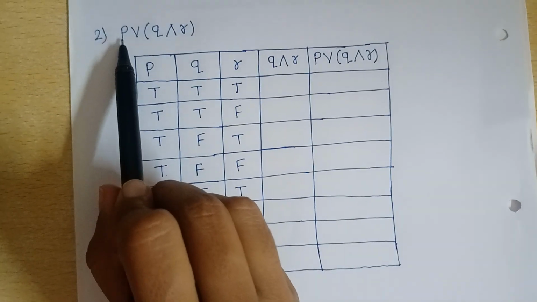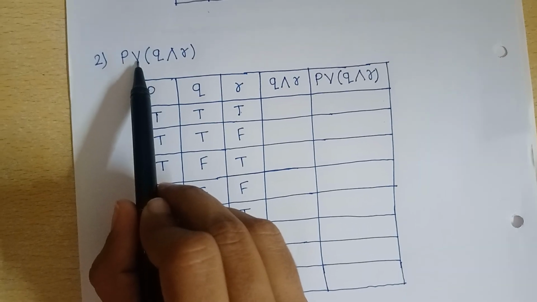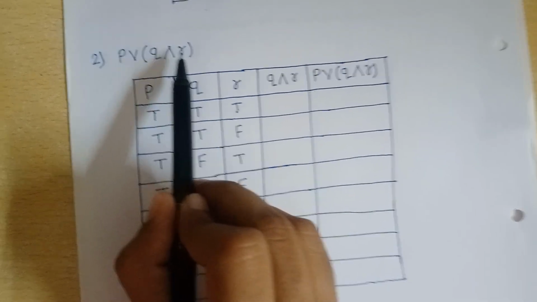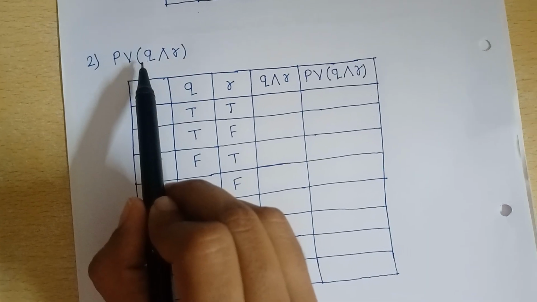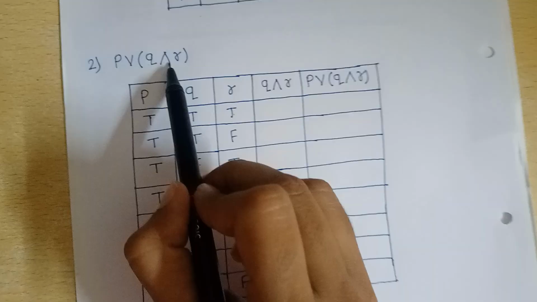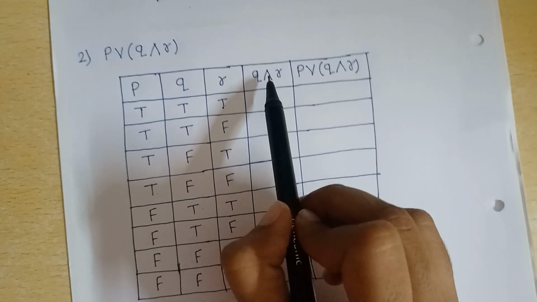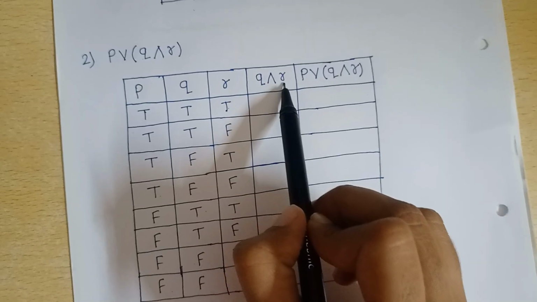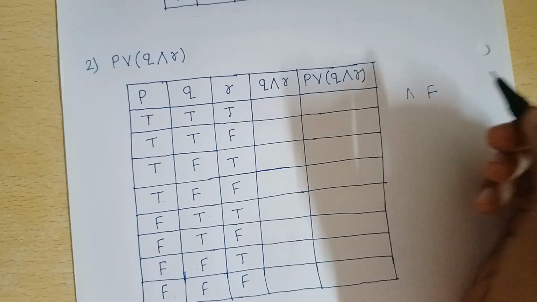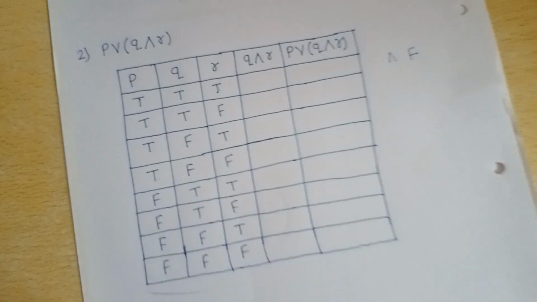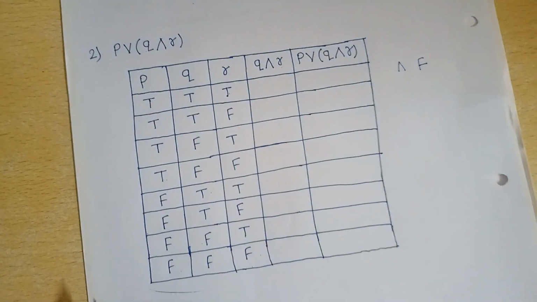Here the statement is P or (Q and R). First we have to solve Q and R because this is enclosed in a bracket, therefore we give the priority to Q and R. And we know AND is false biased, meaning if one of the values is false, then the result will be false.